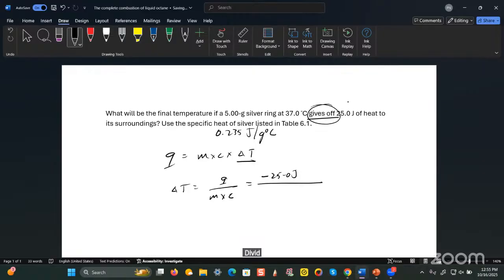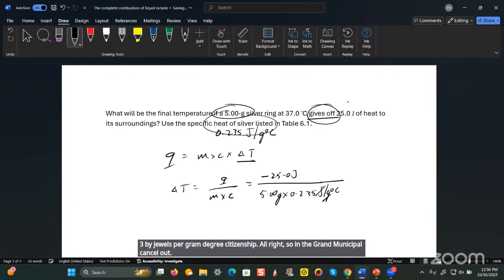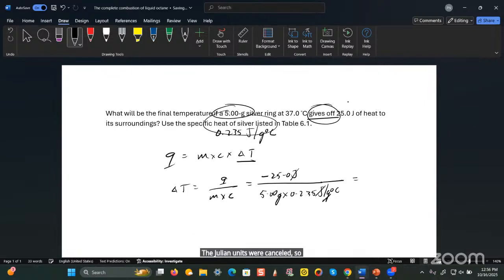Divided by the mass. What's the mass? The mass is 5.00 grams, and the specific heat is 0.235 joules per gram degrees Celsius. All right, so the gram units will cancel out, the joule units will cancel out. So your final units at this stage would be degrees Celsius.